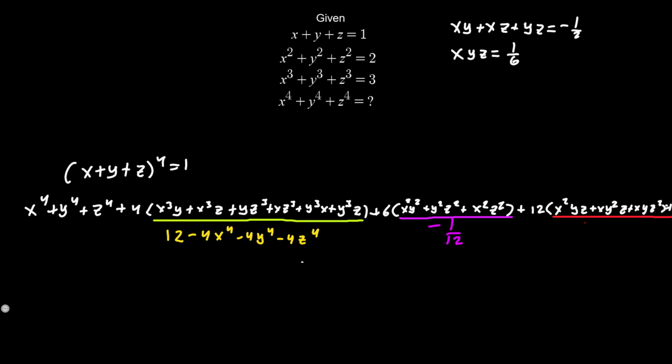And finally, the red part, we will have x times xyz plus y times xyz plus z times xyz. And pretty much we already found that out, which we know is going to be 1/6, so it's pretty much going to be 1 over 6. And that is just going to be 1 over 6.